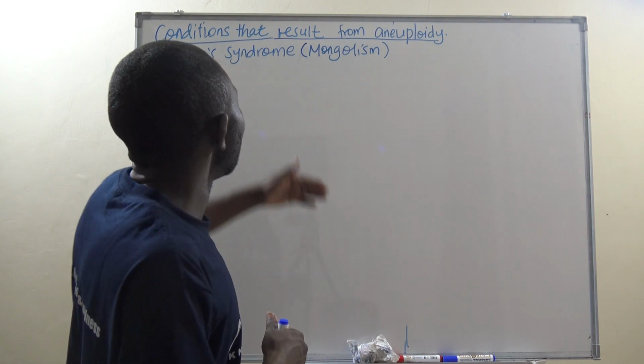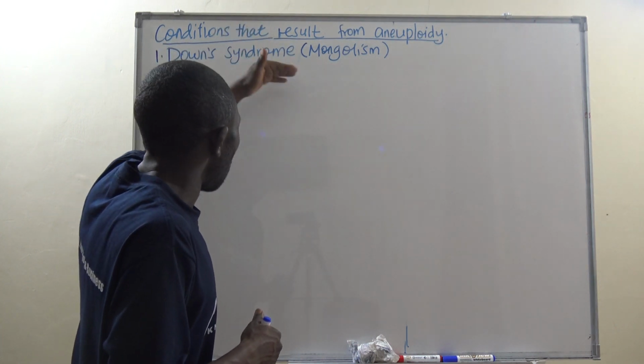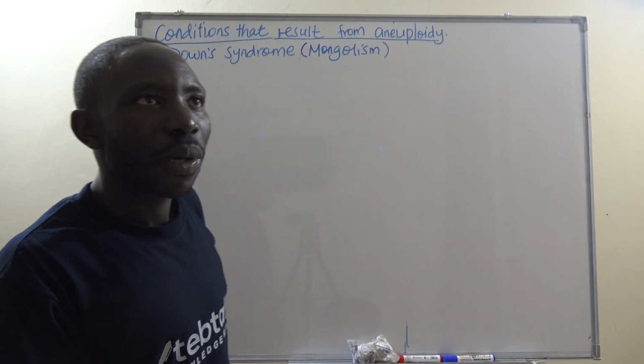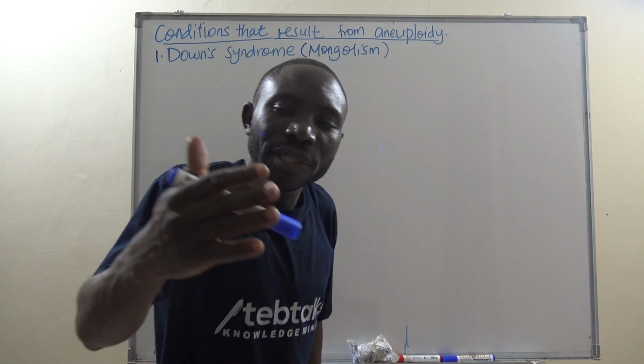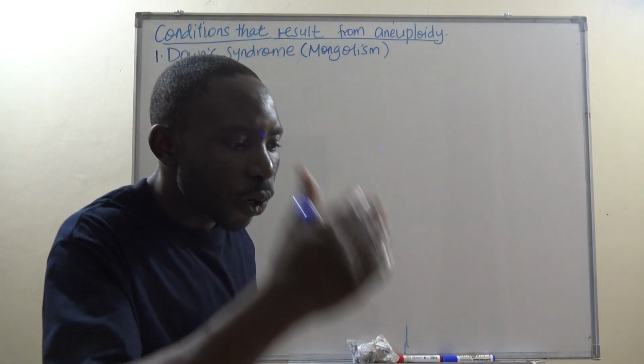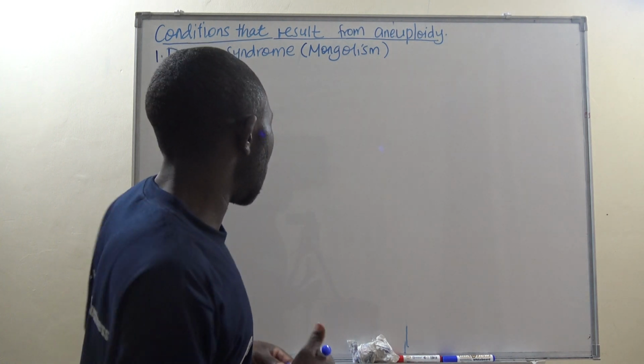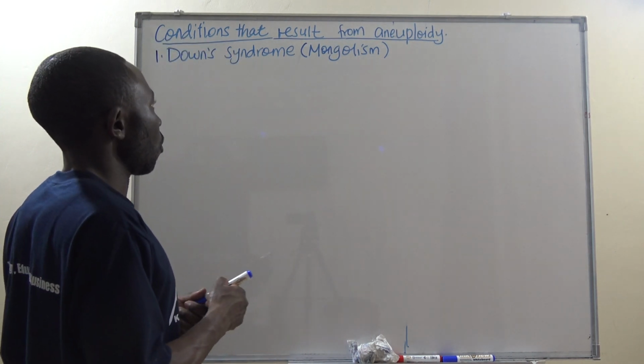So it is a form of chromosomal mutation whereby a gamete with an extra chromosome fuses with a normal haploid gamete. So that is what we call Down's syndrome.